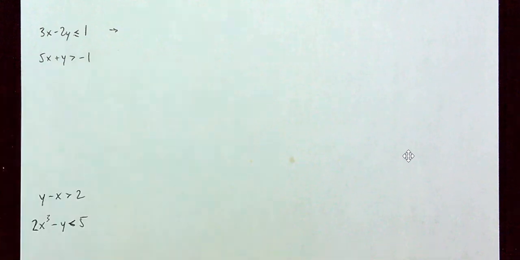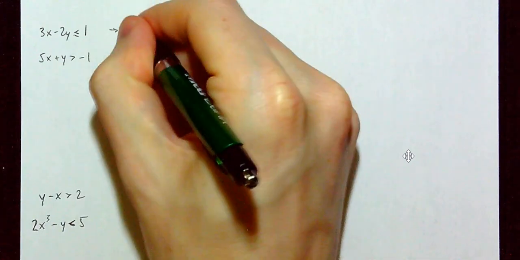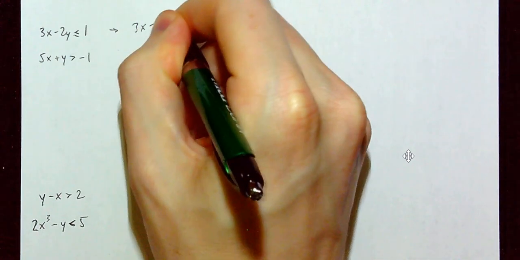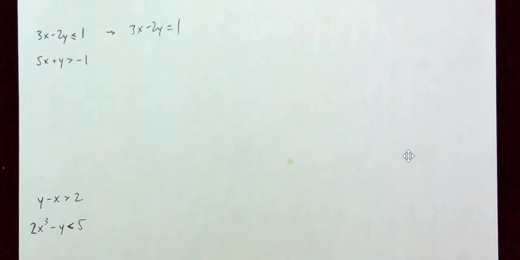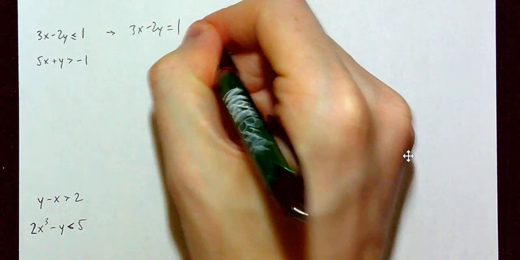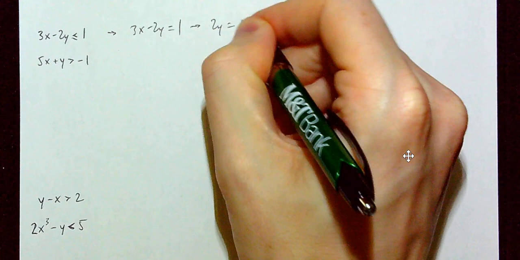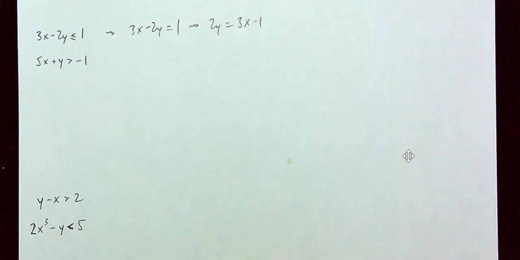So I'm going to start with the top equation. 3x minus 2y is equal to 1. And again, just to make this nice, because we typically graph things as y equals something in terms of x, I'm going to isolate the y. So 2y is going to equal 3x minus 1.